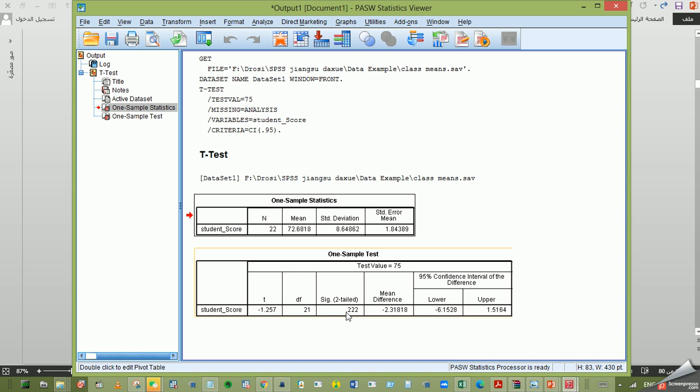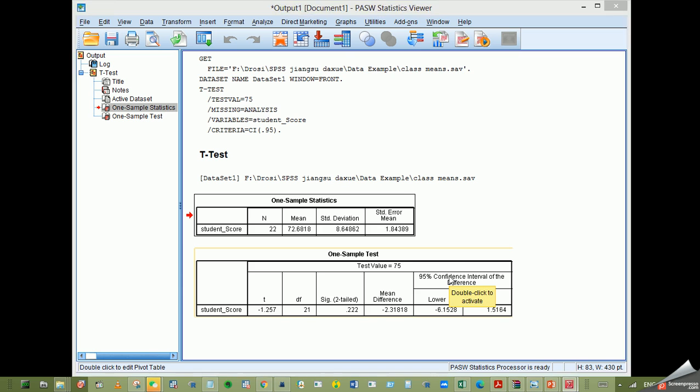So it means we are taking the H0 hypothesis, which is the first hypothesis, and the population mean is equal to the tested value, 75.